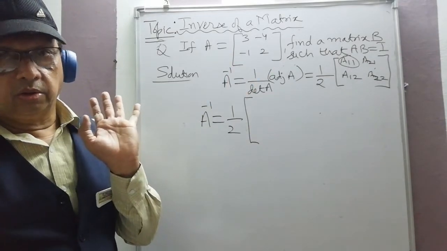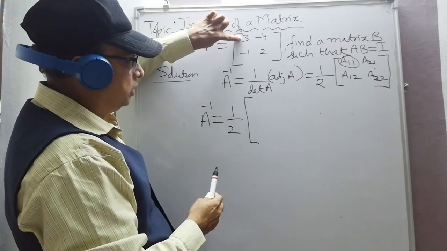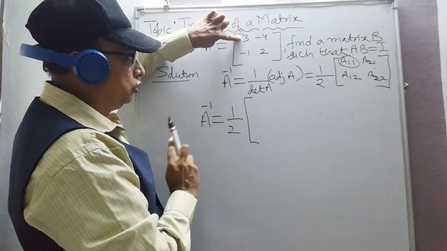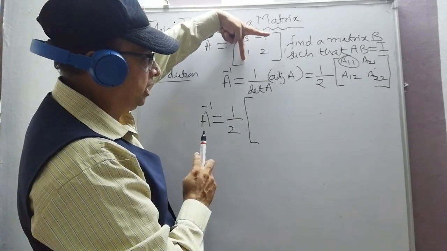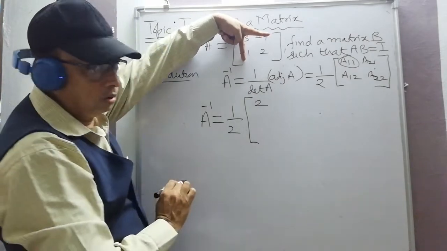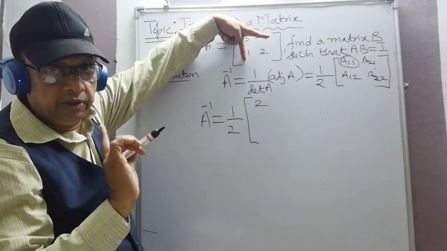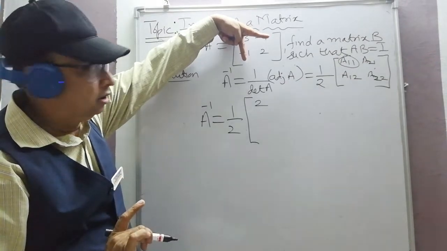Similarly, the first one, A11, is positive. Deleting this row and this column, the minor is 2. Previously we have found it in the adjoint of A.